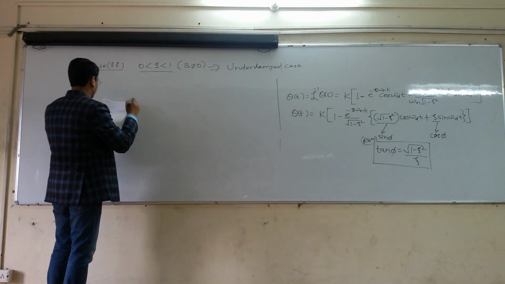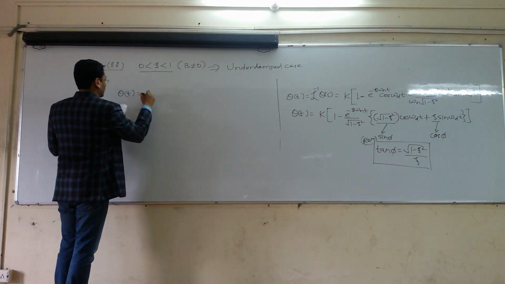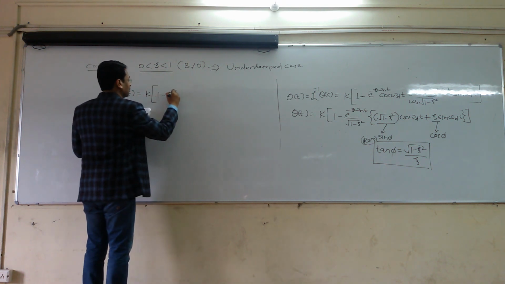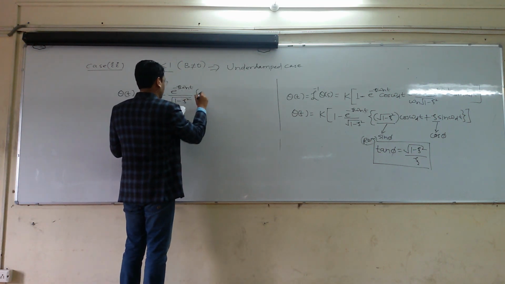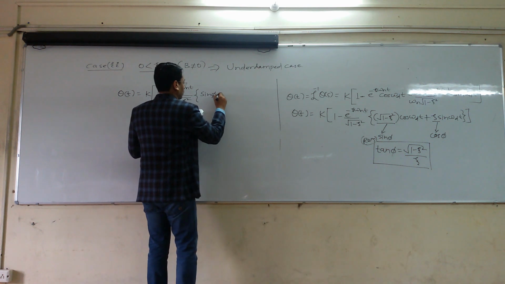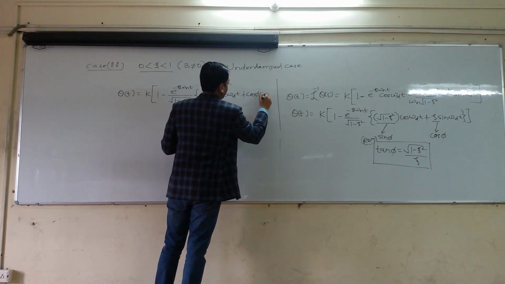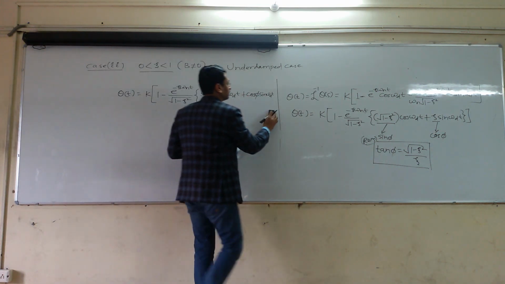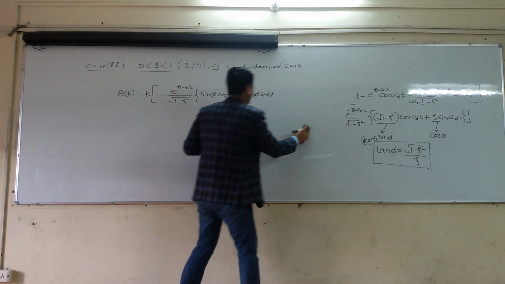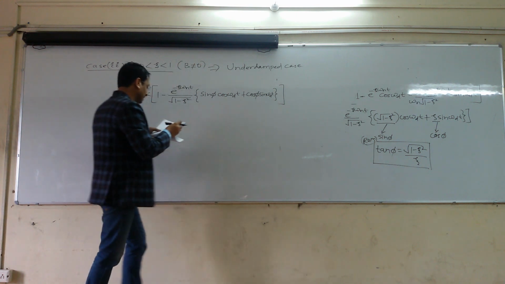You will get theta t equal to k multiplied by 1 minus e to the power minus zeta omega n t over root under 1 minus zeta square, times (sin phi cos omega d t plus cos phi sin omega d t). And now you know this part. Correct?